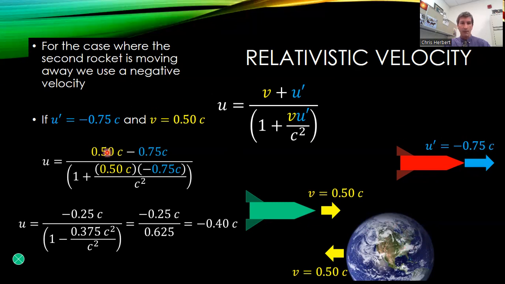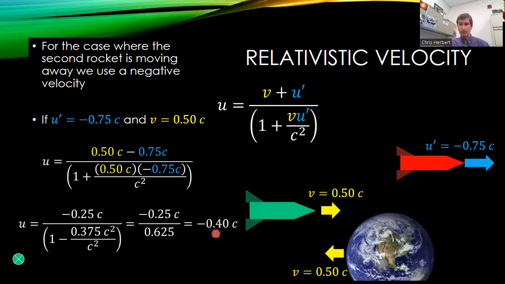I add these two together, I get negative 0.25, I divide that by 0.625, and I get that the red spaceship is receding from me at 0.4. So it's moving away from the Earth faster than it's moving away from me. That makes sense, right? I'm traveling toward it. So as we go from this frame to my frame, we get our new speed.